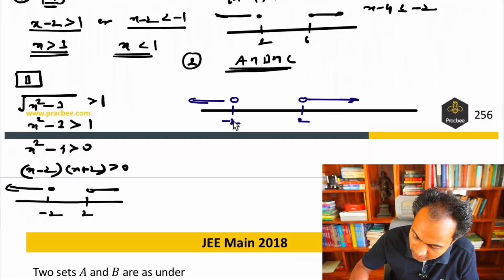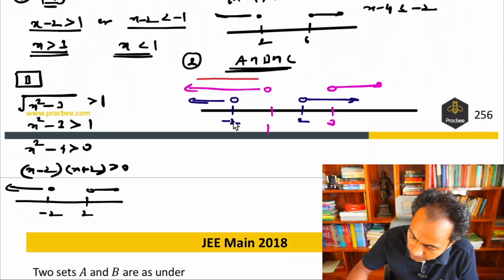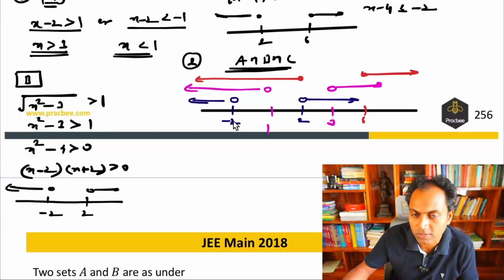Then another one is the set A that talks about values that are smaller than 1 and then greater than 3. So let us put 3 here. And then the last one is the set C that talks about values which are smaller than or equal to 2, and then you have 6 and then greater than or equal to 6. This is what we have.